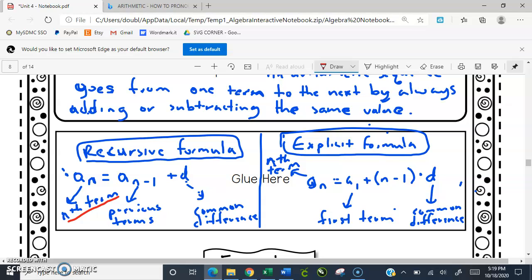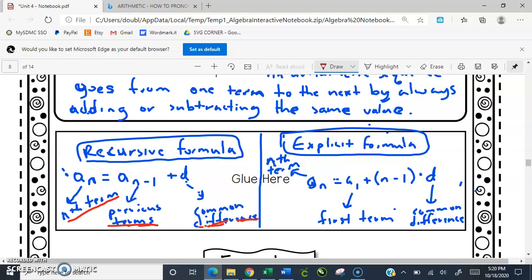So it may say, what's the sixth term? Then we will plug 6 into that. A sub n minus 1 is our previous term, and it will make sense in a minute. And then the plus d is our common difference. The letter d means common difference.